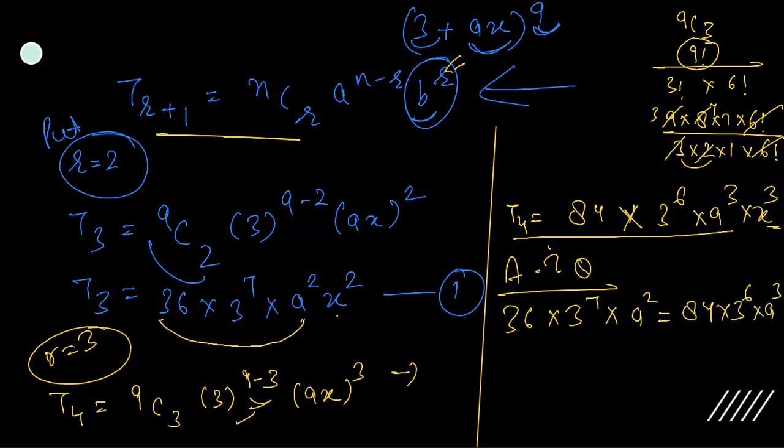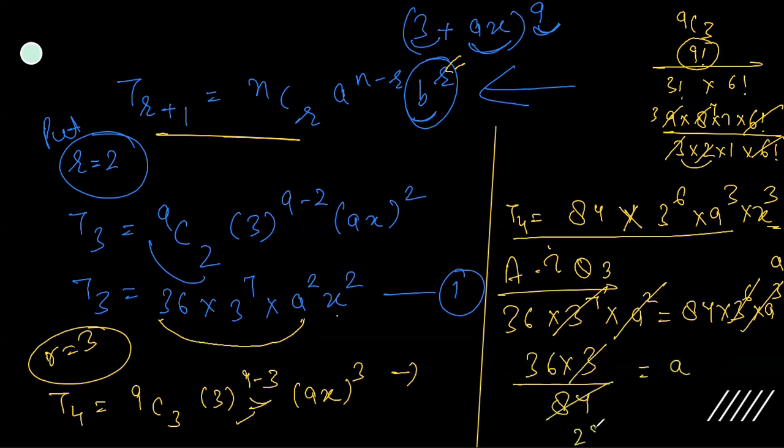Now let's solve it. 3 raised to the power 6 cancels out with 3 raised to the power 7, so 7 minus 6 is 1, leaving 3 only. A raised to the power 2 cancels with a raised to the power 3, so only a is left. I take 36 times 3 and 84 to the left, and a is left on the right-hand side.